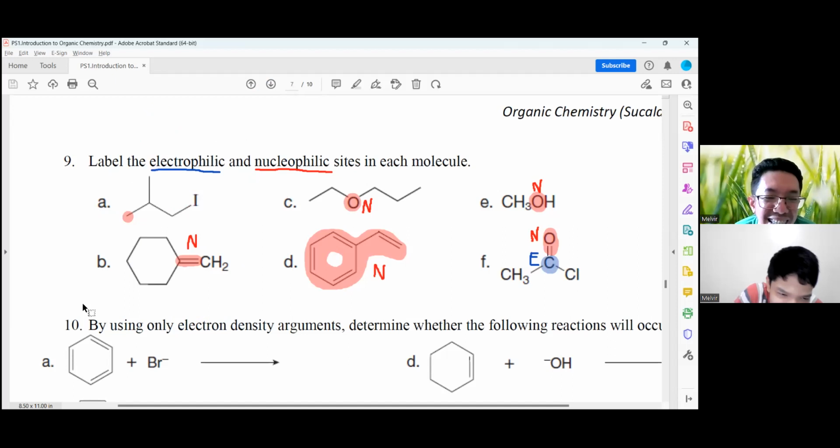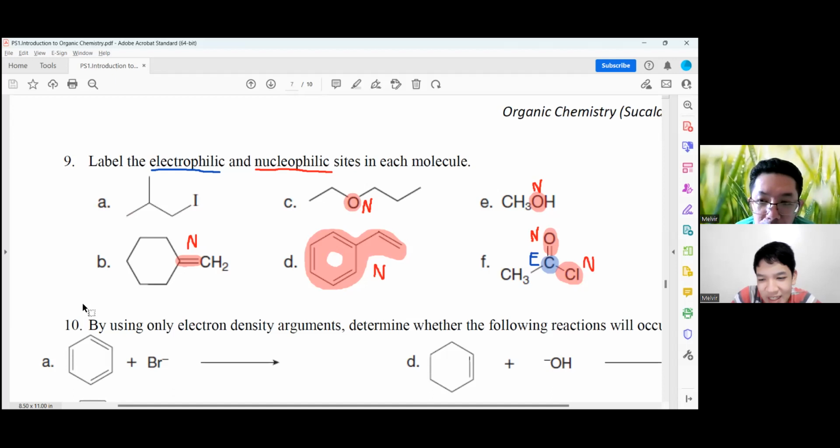Mixture pala siya. Meron dyan, understand mo yung sitwasyon ng mga carbon. So, analyze the carbon atoms. May kakaibang carbon atom dyan, of course. When you say nucleophilic, ibig sabihin kaya niya magbigay ng electron pairs.